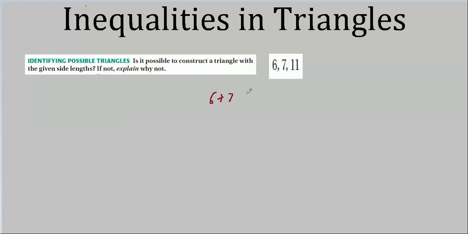6 plus 7 has to be greater than 11. Well, that's 13, so that works. Now, 7 plus 11 has to be greater than 6. Don't think that could work.